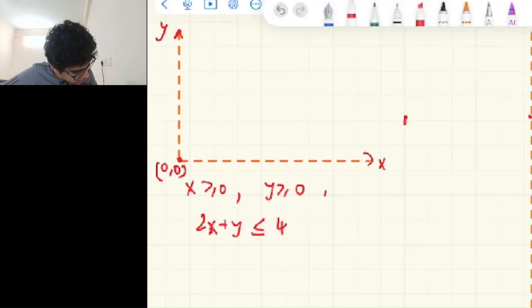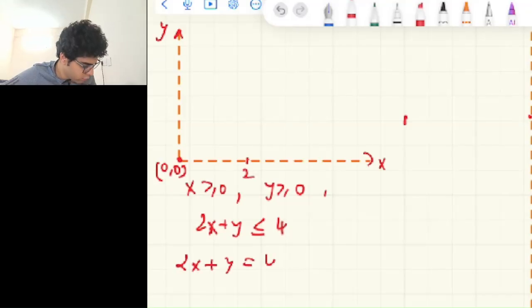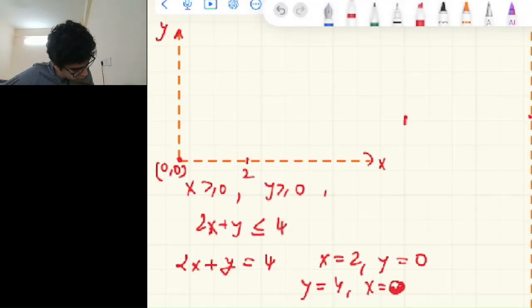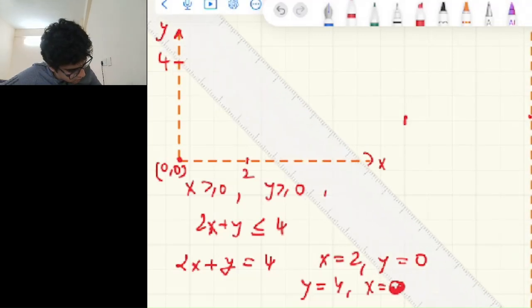So 2x plus y equals 4: x is 2, y is 0, that is one of the points, and y is 4, x is 0. So these are the 2 points that I can have here. Now I'll just join these 2 points with a ruler.